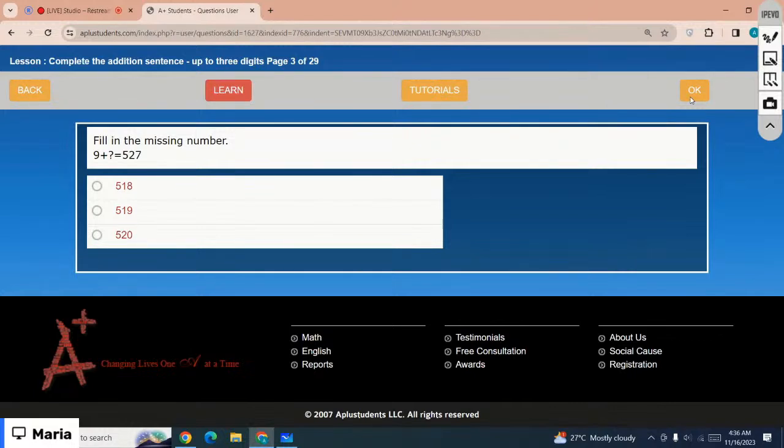The correct option is the missing one is 518, right? 518 plus 9 is 527. Option number 1 is the correct option. Very good.